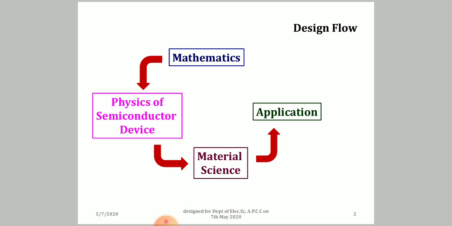The question now is how we can amalgamate mathematics, material science, as well as the physics of semiconductor devices, and this amalgamation will lead to the applications which we use in our day-to-day life.